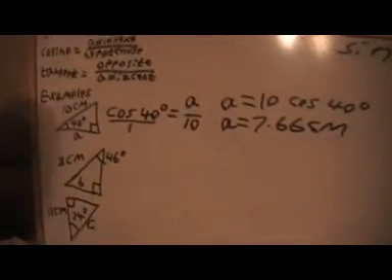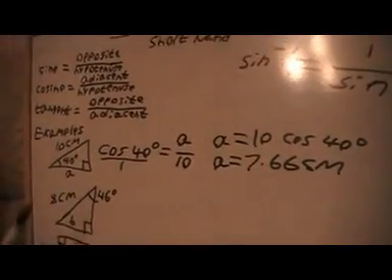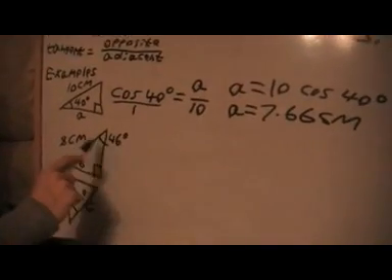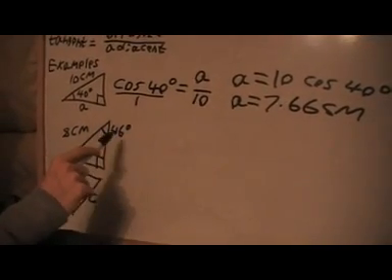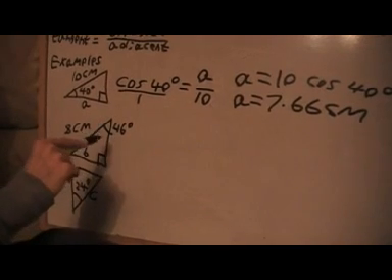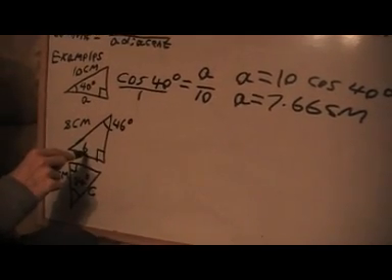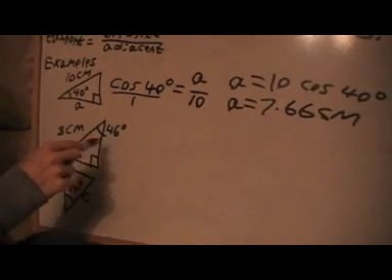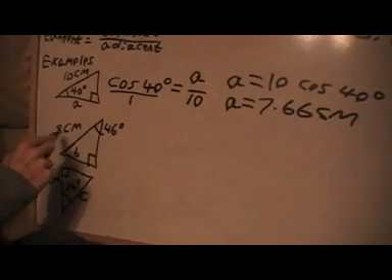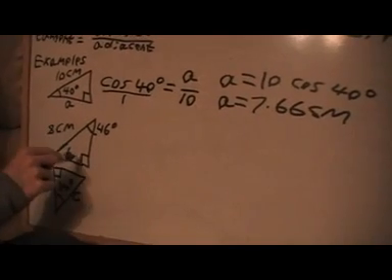So let's do 2 more examples now. Now this time we're given this angle here, but in this problem we want to find this length B. We're told that this angle's 46 and we're told that this side here is 8 centimeters, which is the hypotenuse.